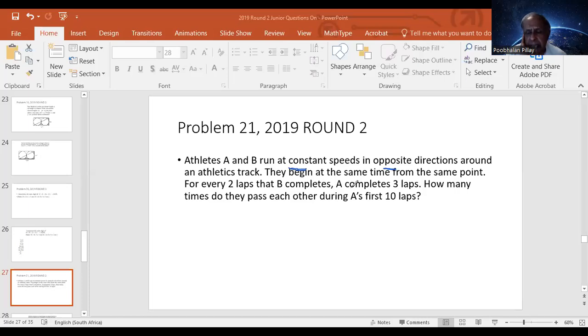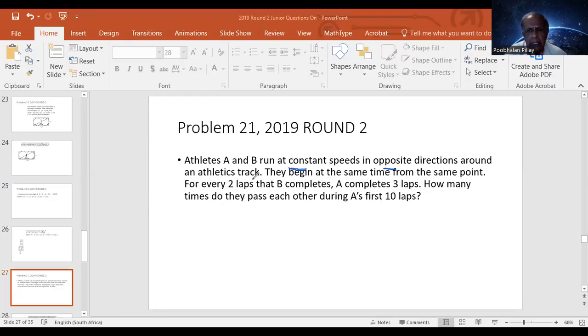Now they begin at the same time, from the same point, but they travel at different speeds because it says here, for every 2 laps that B completes, A completes 3 laps. So A is traveling faster than B because he completes 3 laps when B completes only 2.